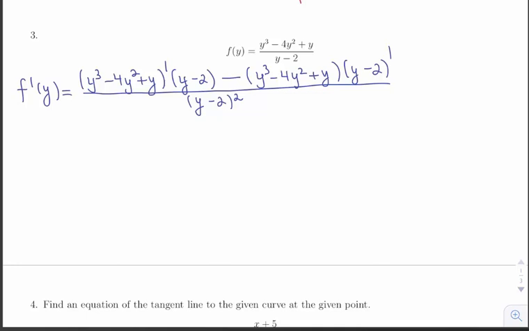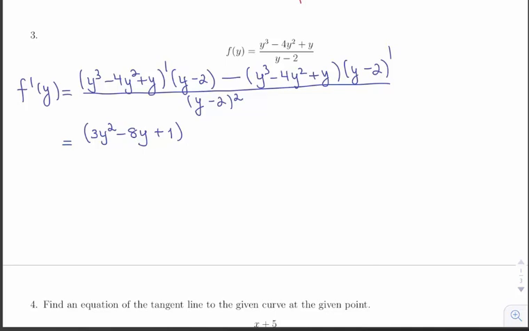Okay, so this example is just a little bit more involved. There's a little bit more algebra here, but the idea is exactly the same. The formula is the same as before. Okay, let's see. What's the top function prime? That's 3y squared minus 8y plus 1. Remember the parentheses, they need to go around this quantity.